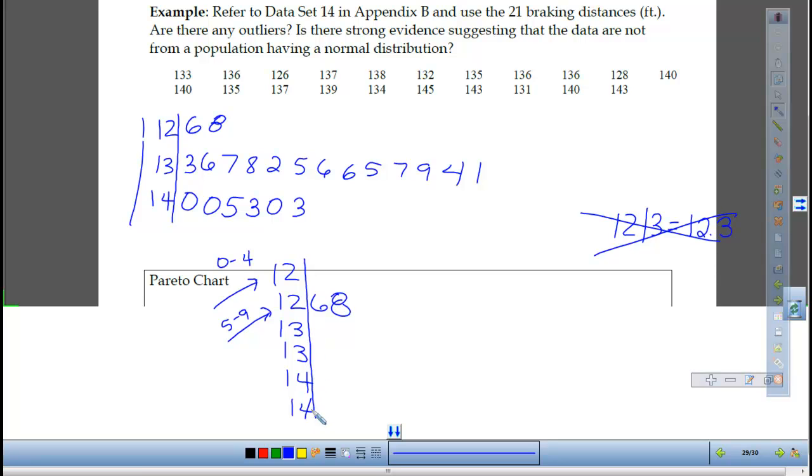Okay, I've got 1, 2, and 3, and 4. We've got 2 5s, 2 6s, 2 7s, an 8, and a 9. Okay, so same data, except we use 2 stems per class.